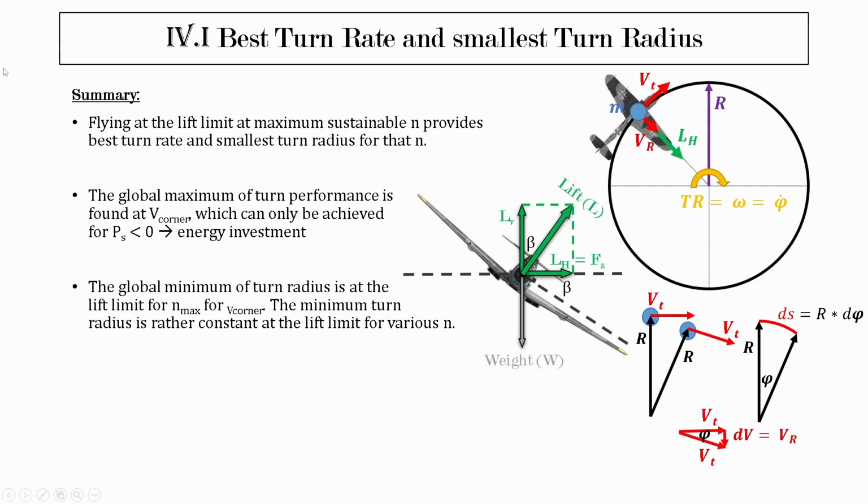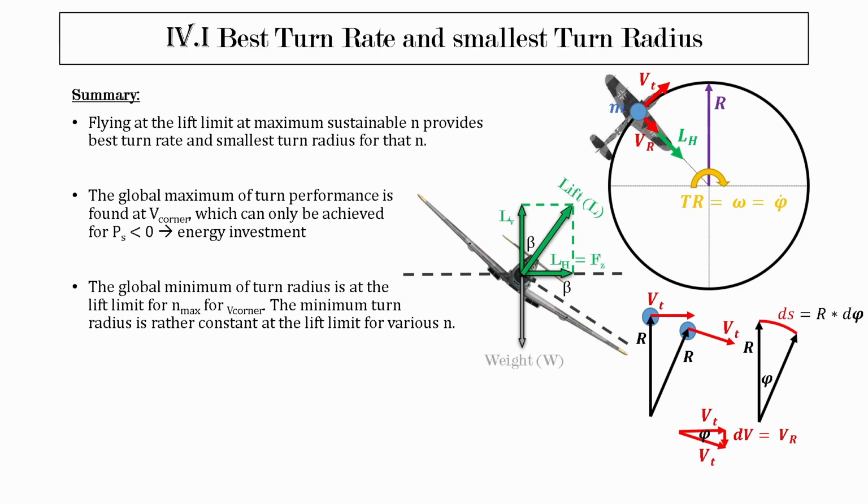Now the global maximum, if you were to allow for not being energy neutral, or if you have altitude and allow yourself to lose altitude, so you want to invest energy, you would see that you would want to go higher and higher with your N toward your maximum N, and at the same time fly at a lift limit. So assume the maximum load factor we can fly without blacking out will be 6G.